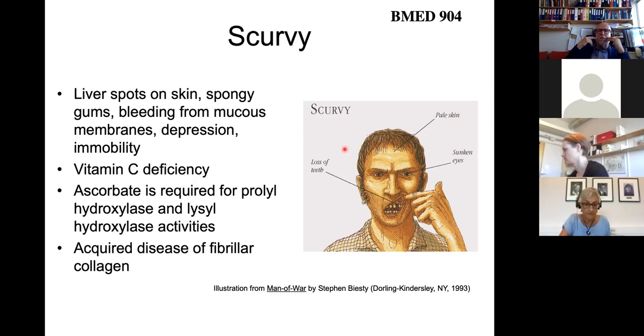It's constantly being produced in the periodontal ligament. And when you have a wound, new collagen will be produced to close the wound. So all these places where there is a turnover of collagen are those that are affected if you have a problem with collagen synthesis. And this coincides with the symptoms of scurvy.